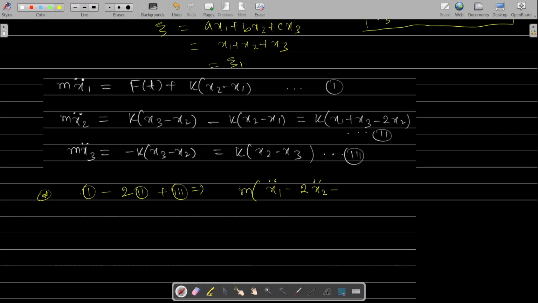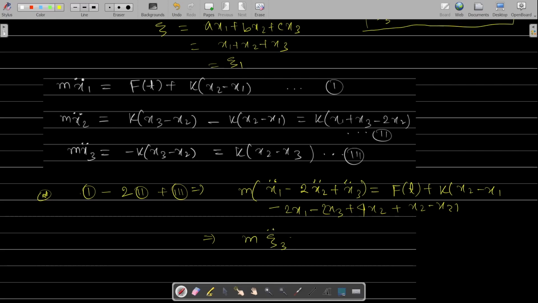Minus 2 x2 double dot plus x3 double dot. This is f(t) plus k times (x2 minus x1) minus 2 times (x1 minus 2x3 plus 4x2 plus x2 minus x1). So this is using the definition of xi3.